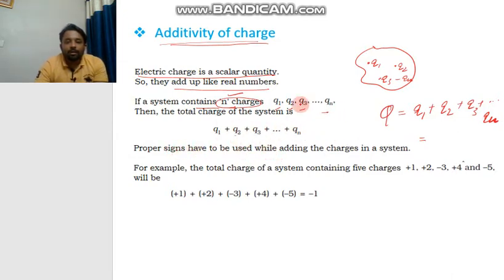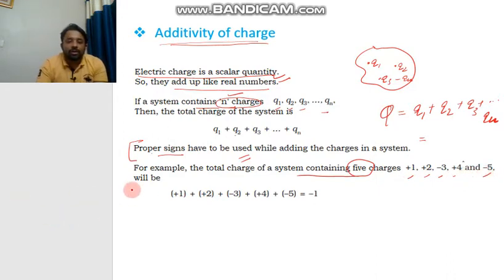So when charges are added, they are added like real numbers because electric charge is a scalar quantity. Now while adding electric charge, one thing that should be kept in mind is that we have to use proper sign while adding them. For example, suppose we have a system of 5 charges having value plus 1, plus 2, minus 3, plus 4 and minus 5.